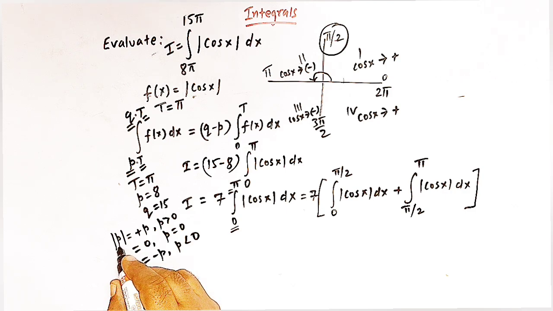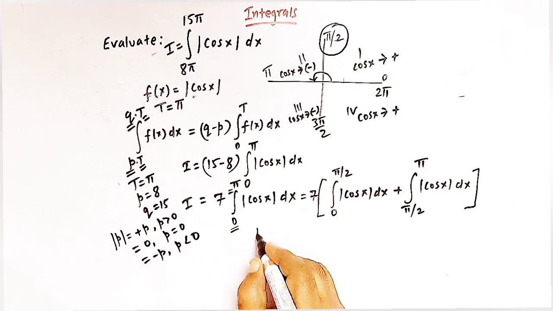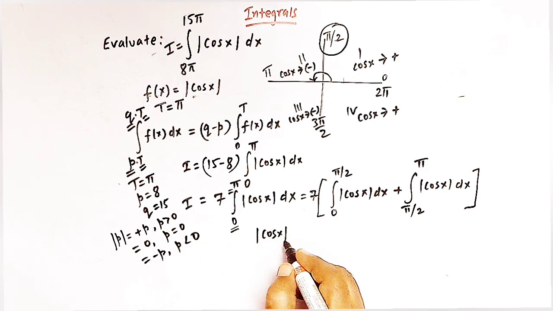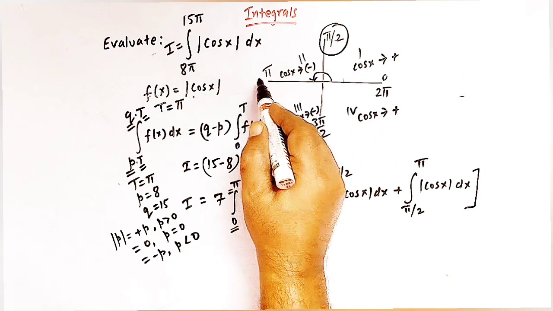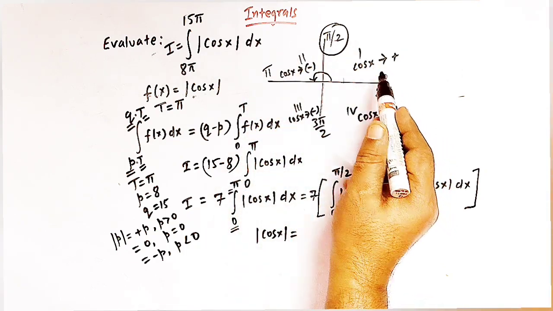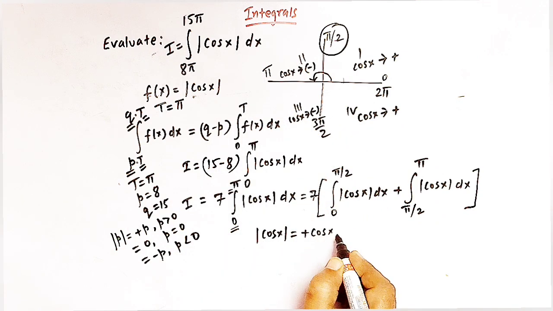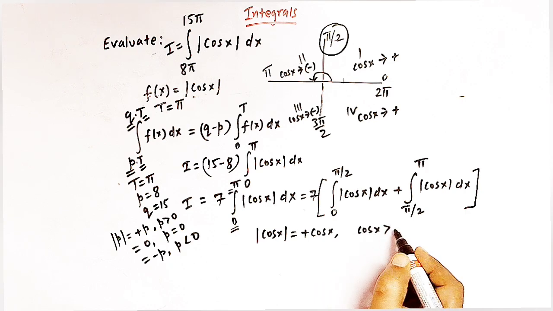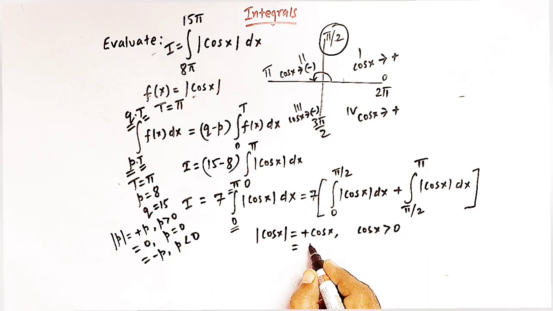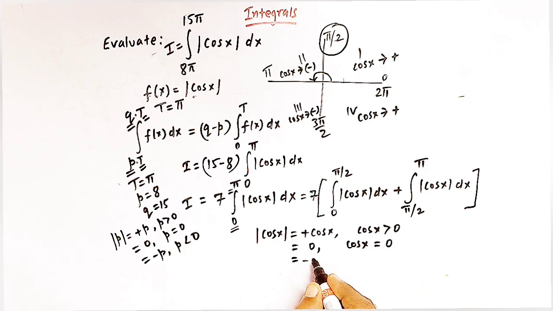Now if we replace p by cos x, here we are considering only the interval from 0 to pi. So mod of cos x is positive cos x whenever cos x is greater than 0, mod of cos x is 0 whenever cos x is equal to 0, and mod of cos x is negative cos x whenever cos x is less than 0.